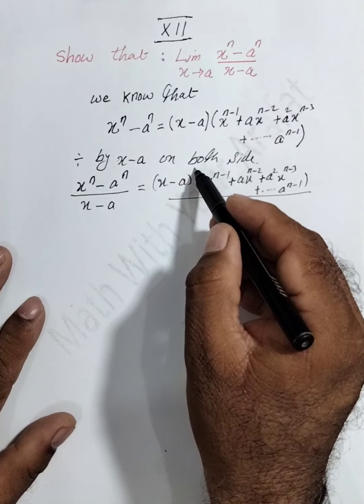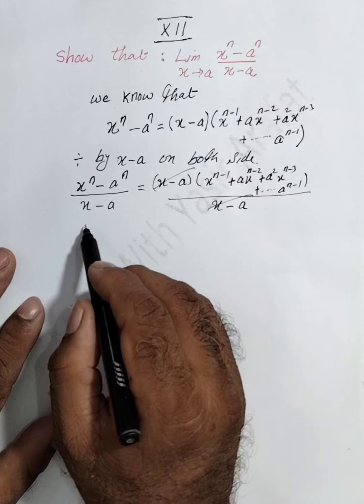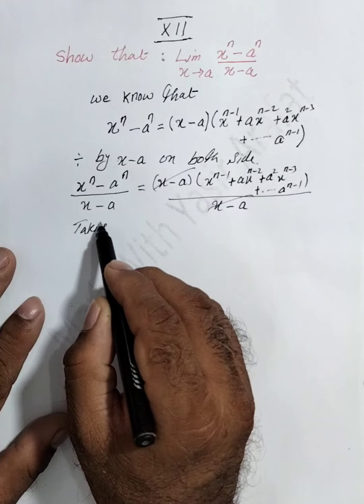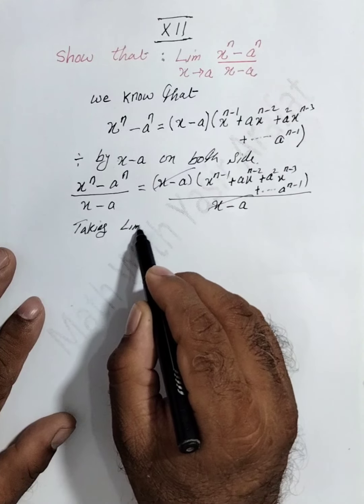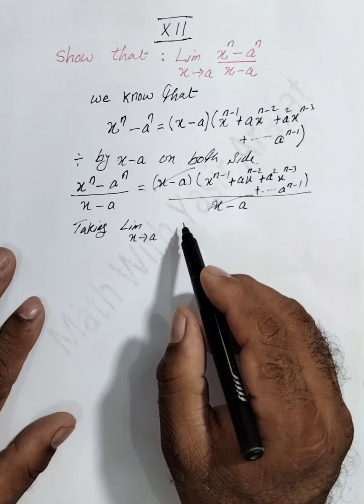Now this factor, x - a and x - a, will cancel out each other, and taking the limit x tends to a on both sides.